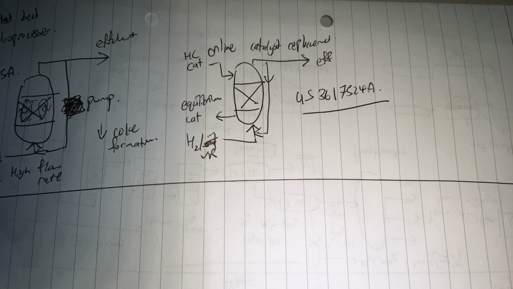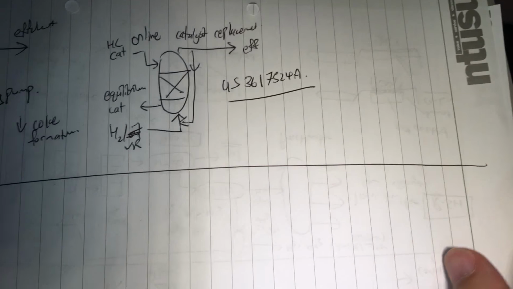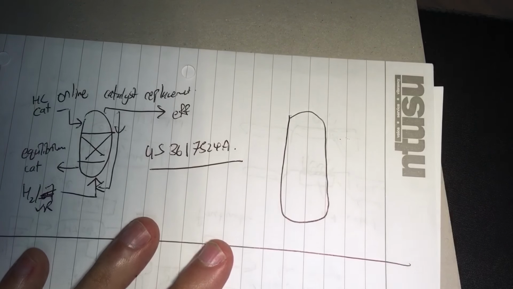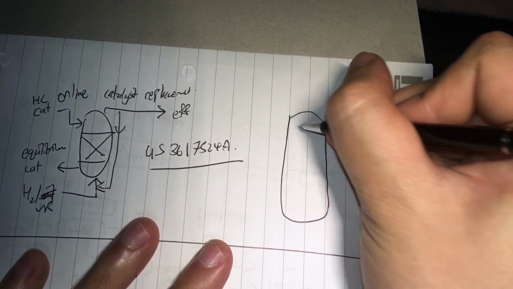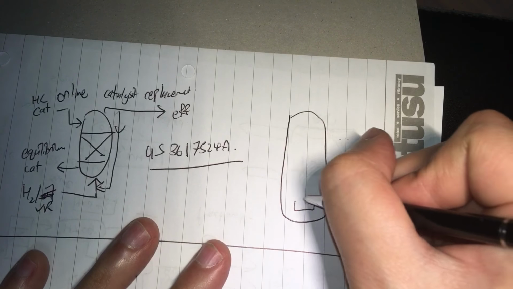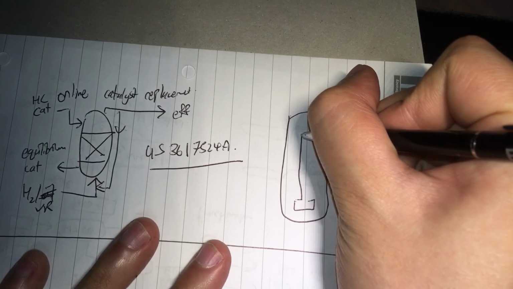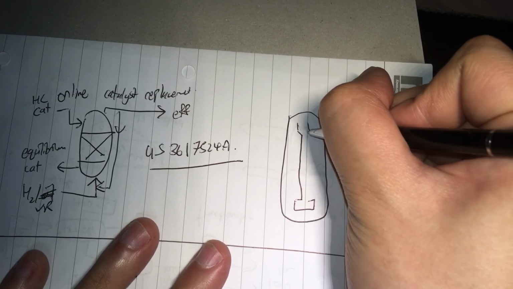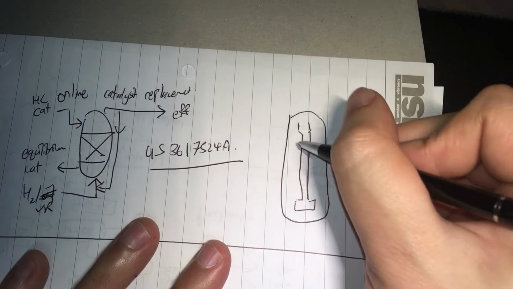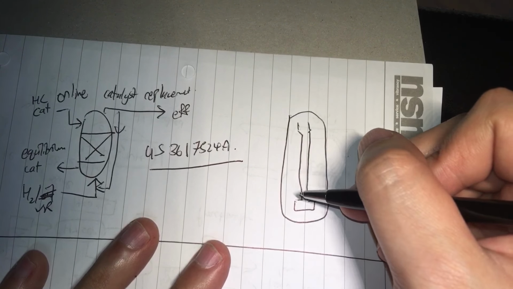And what does an actual Ebullated Bed Reactor look like? I mean, what does the flow scheme look like with the recycle pump and everything? So let's say you have a reactor like this. Okay, so this is just a separate compartment, all right?